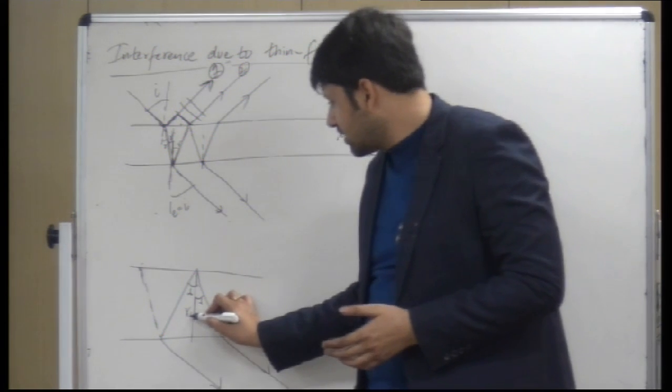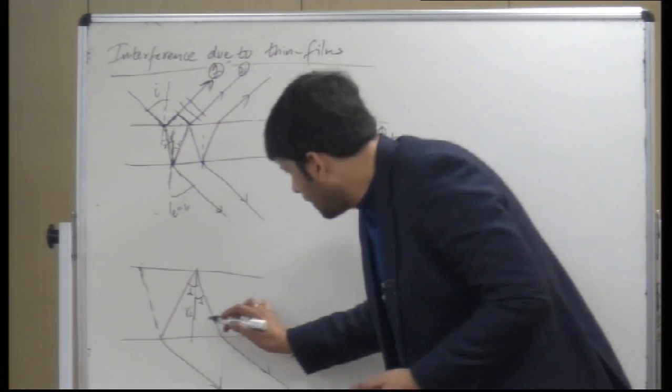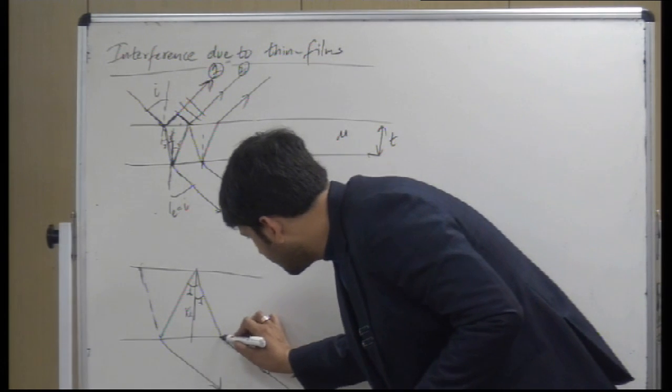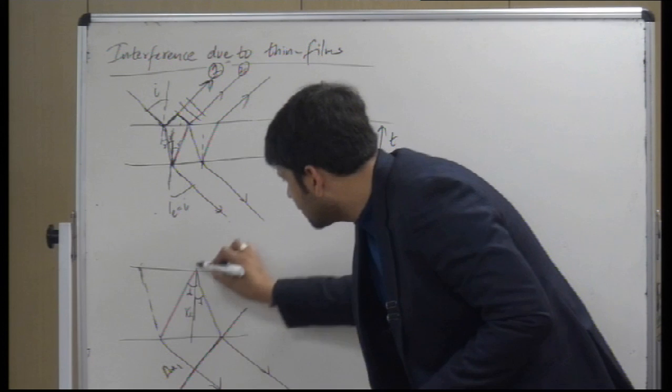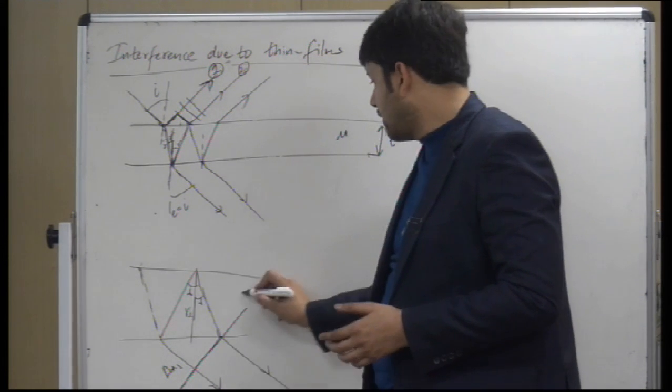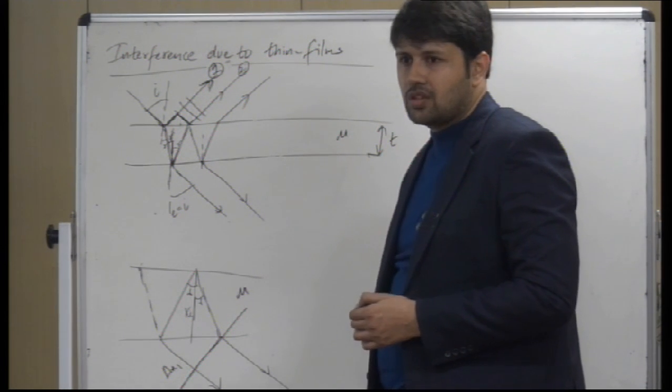So this is T. Now this is the path delta x1, and delta x2 is the whole of this path, and you are traveling in refractive index mu.